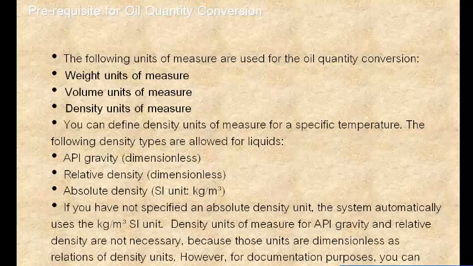These are the standard ones we should have at least, and you can define the density unit of measure for a specific temperature. The following density types are used. API is the American Petroleum Institute, an international standard, which gives this value. So we'll have relative density and absolute density.